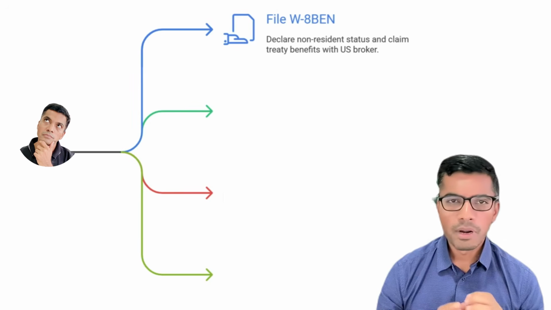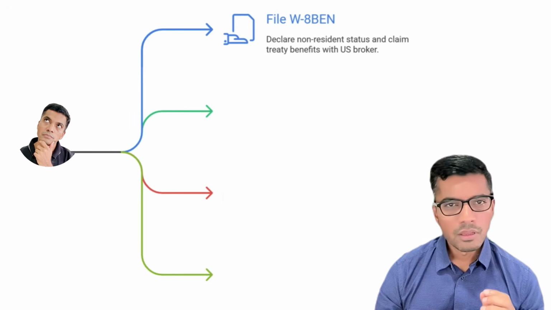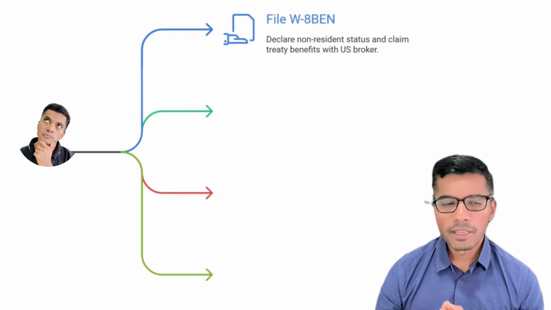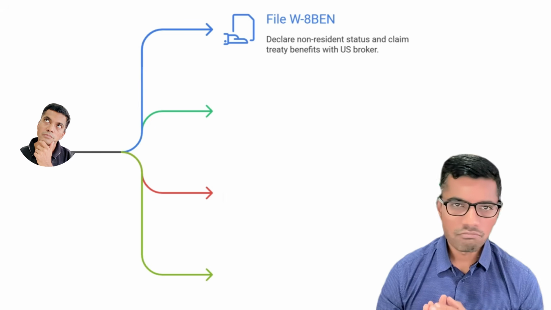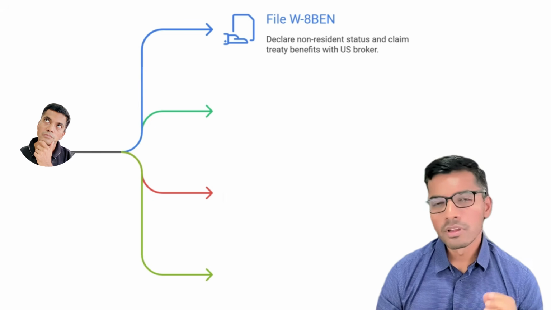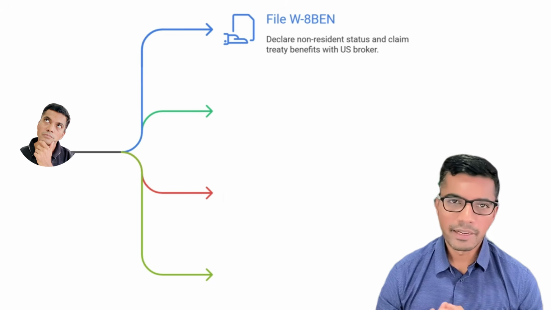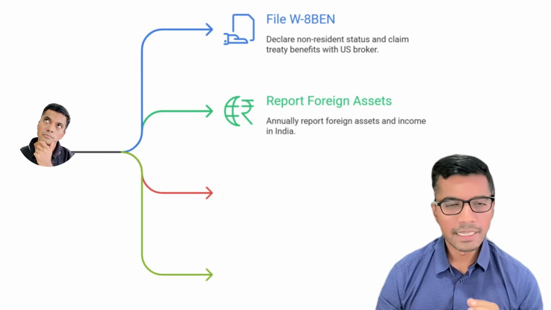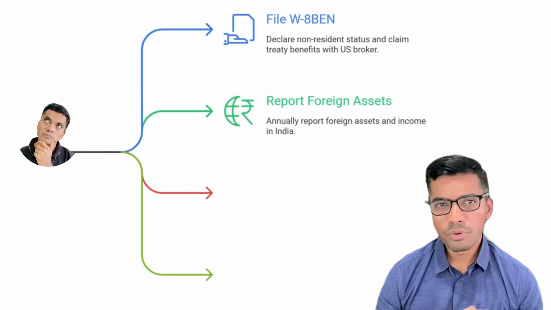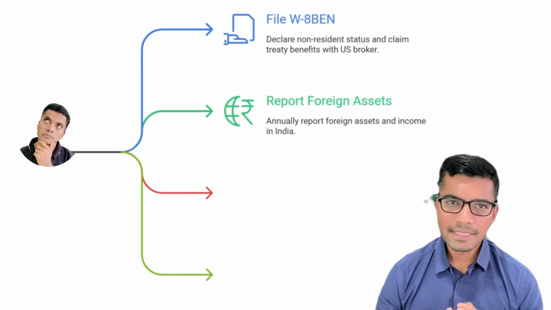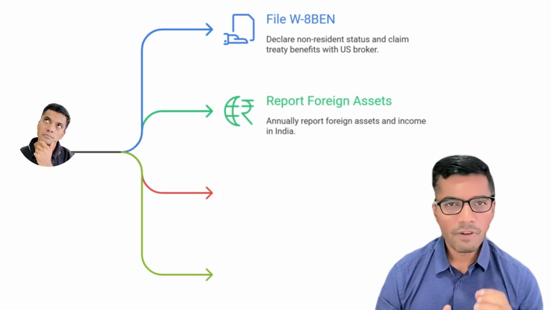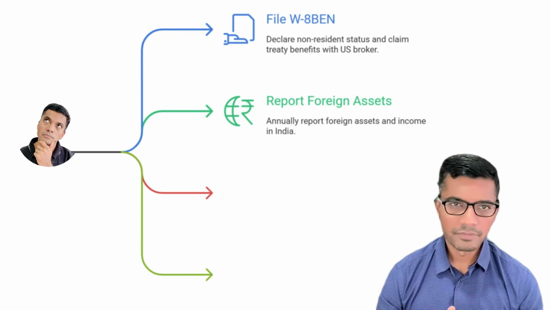Now, let's talk about compliance and reporting requirements. Form W-8BEN. This is a form that you need to file with your US custodian or broker to declare that you are a non-resident and to gain the treaty benefits. Indian income tax return. You must report your foreign income and assets every year while filing taxes in India.